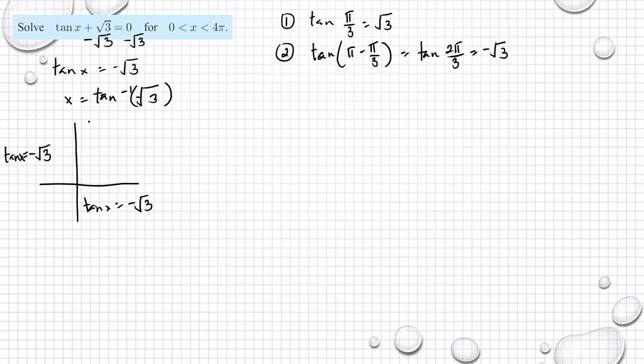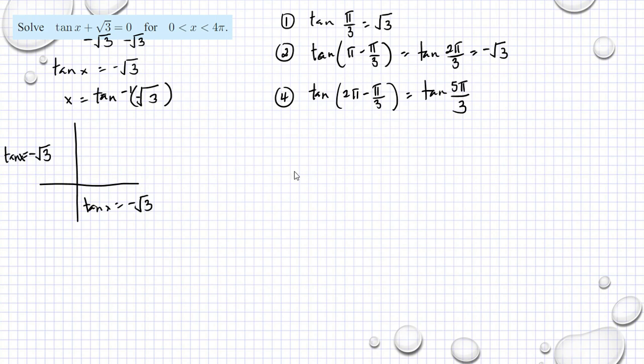In the fourth quadrant, we have 2 pi minus pi divided by 3. Then we have tangent of 5 pi divided by 3.